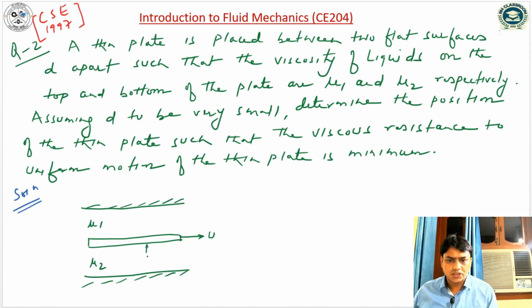Let us assume this distance is y and the distance between the two surfaces is d, so the other distance will be d minus y. We have to determine the position of the thin plate, that is, find the value of y such that the viscous resistance to uniform motion of the thin plate is minimum.